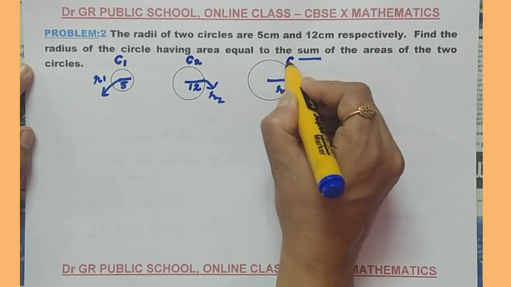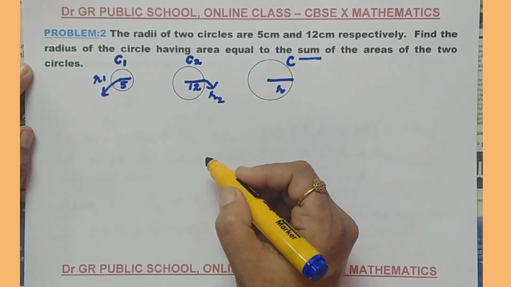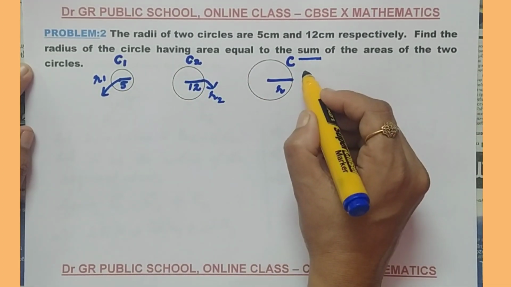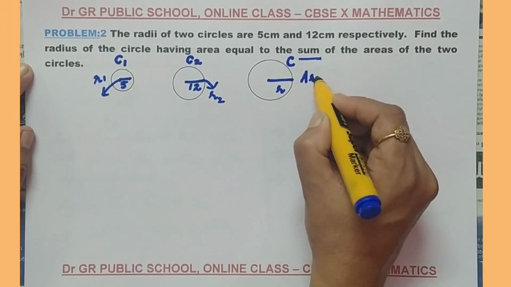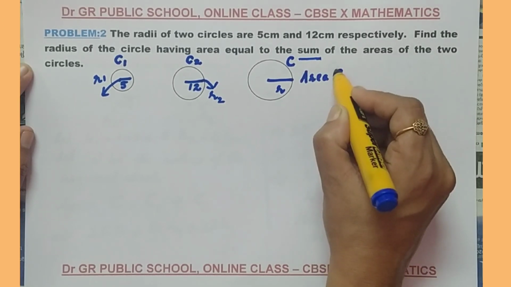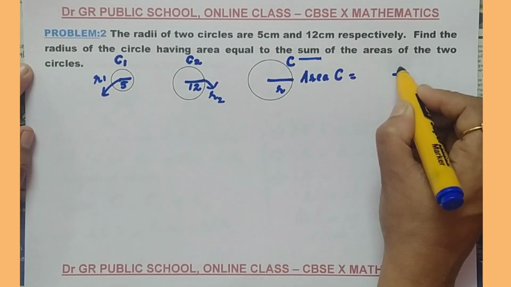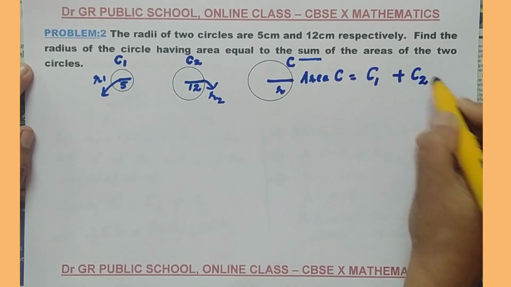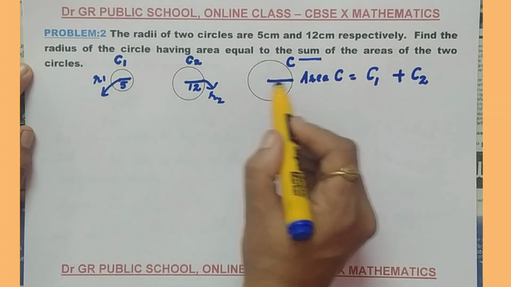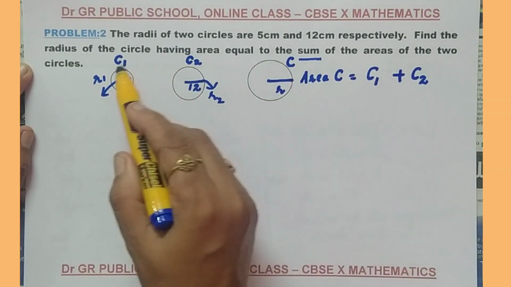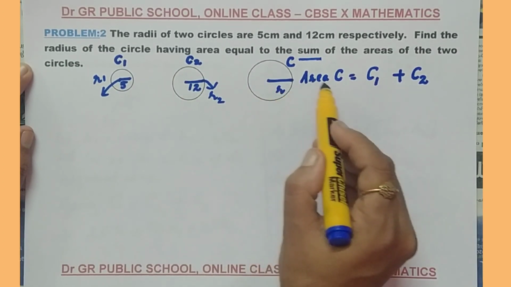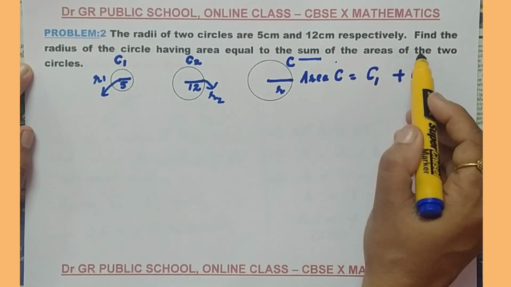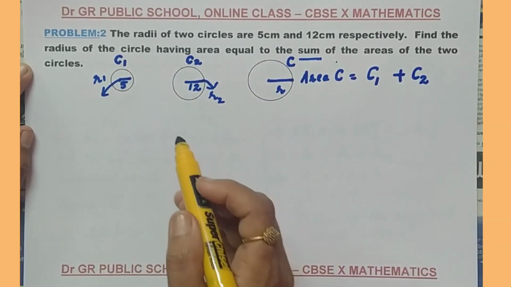Let the circle be taken as C. But the condition is to find the radius of this circle having area equal to the sum of the areas of the two circles, that is circle 1 and circle 2. So, the area of this circle is the condition given for you.